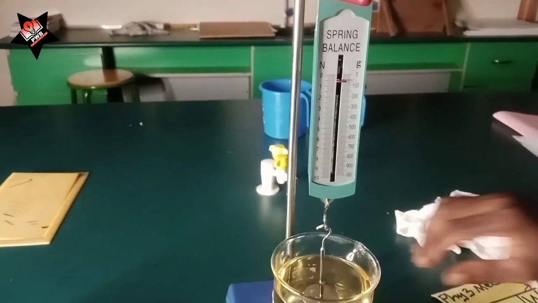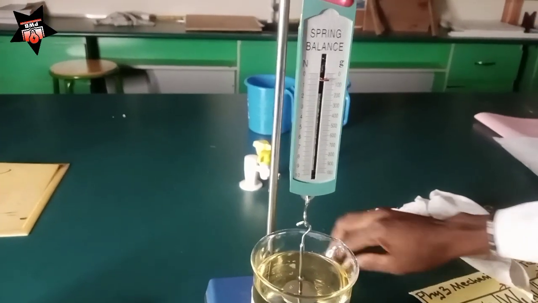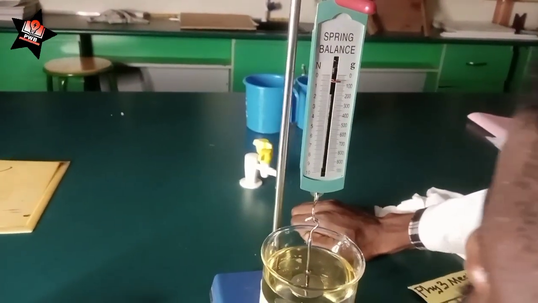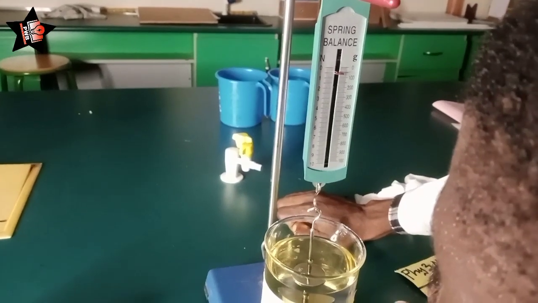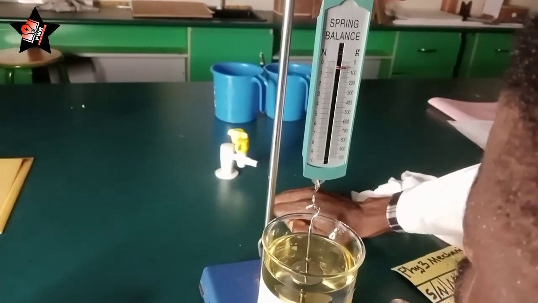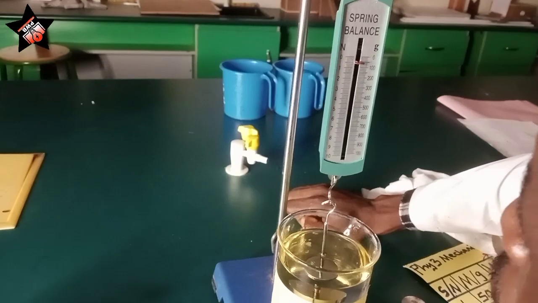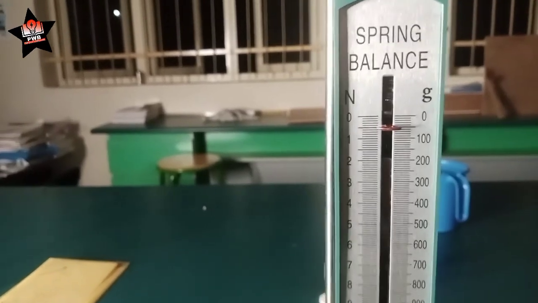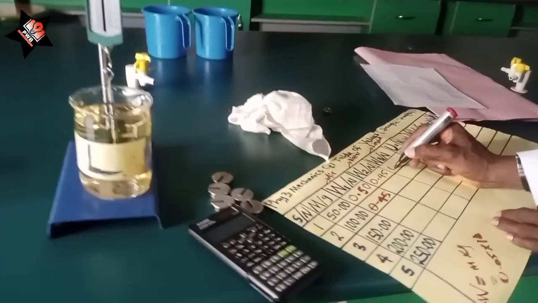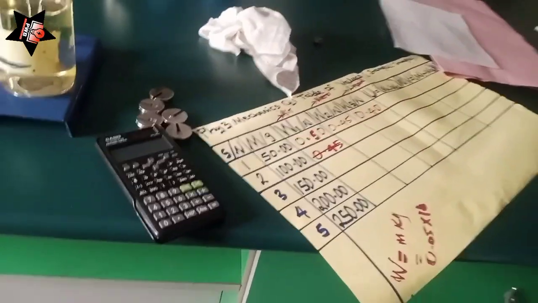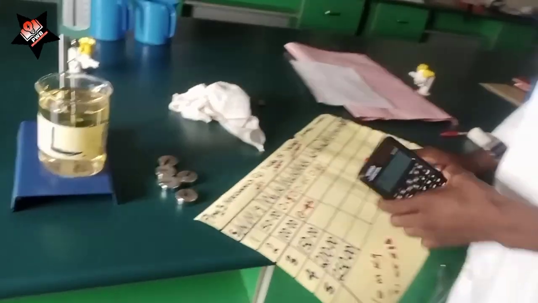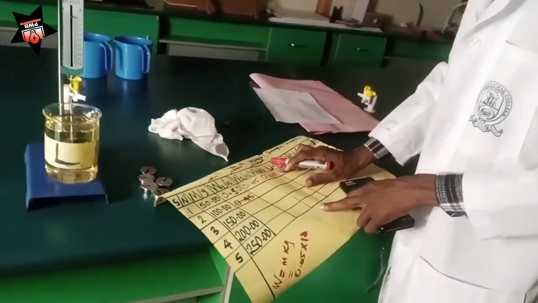So let's look at what we have here right now. We have something like 0.4. 0.40. Good.